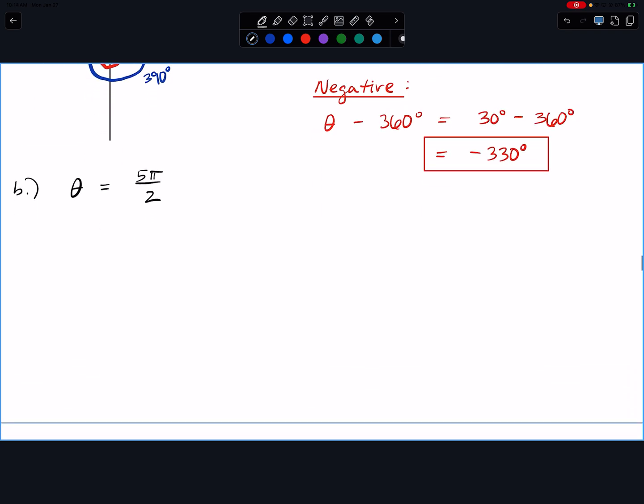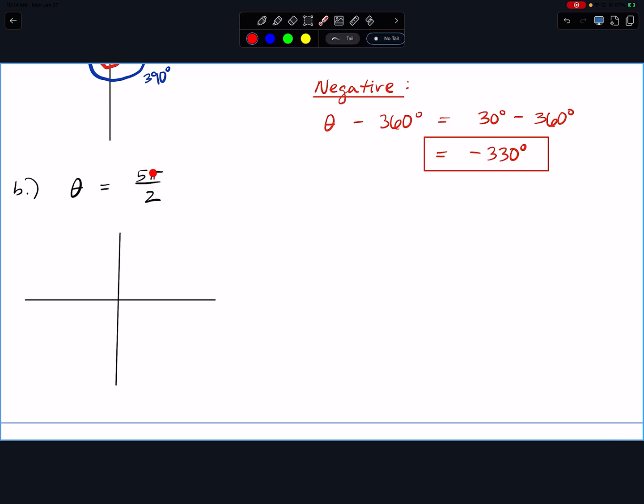Okay. And this is where we'll have to stop after this. Okay, question. Is this angle on our unit circle? It's not. Is it bigger or smaller? Bigger. Okay, so let's think about this.